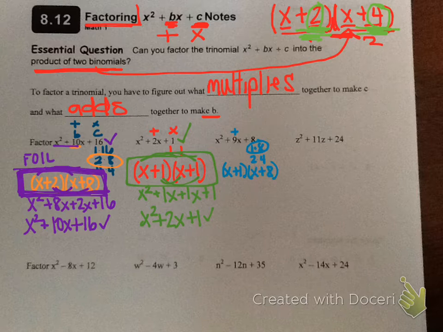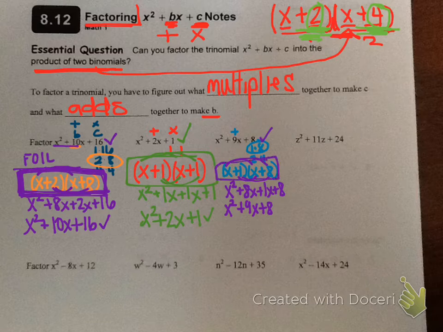And again, if we foil, x times x is x squared, plus 8x, plus 1x, plus 8. We get x squared plus 9x plus 8, which is our original problem. So this product of two binomials is correct.